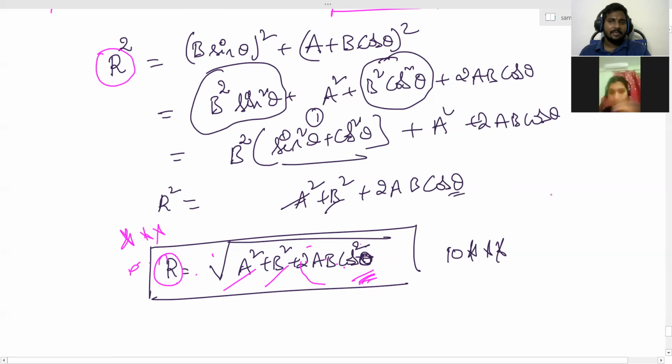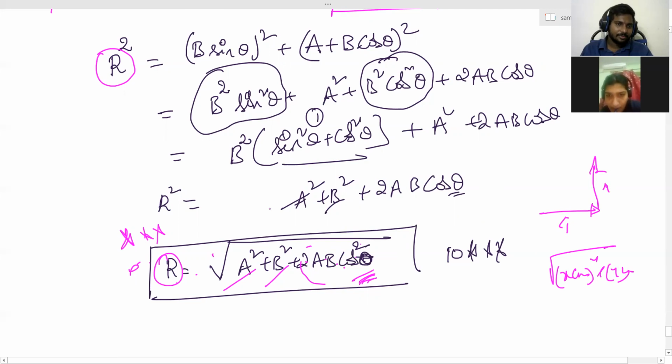That's why when we have perpendicular vectors like I cap plus J cap, what did we do? Root over X component square plus Y component square. No 2AB cos theta. You got it? The I cap, J cap represent the vectors only, no? But they're perpendicular vectors, 90 degrees.